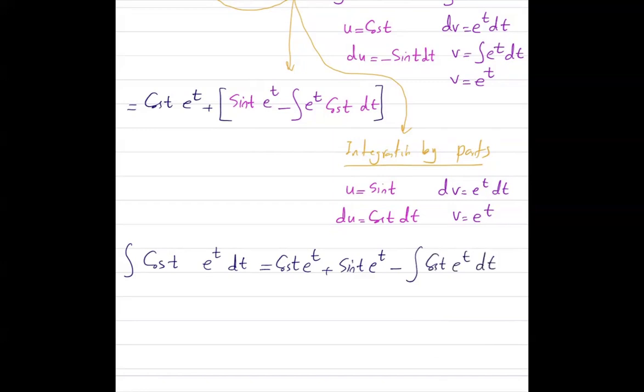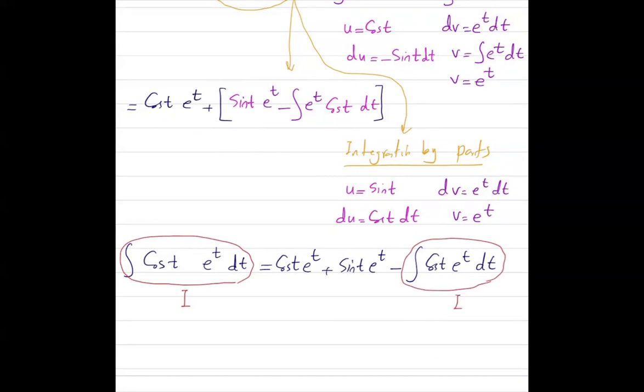Hey, it is repeating itself. What should I do now? It's a very simple idea. From algebra, if you call this integral I, you have I on the other side as well.